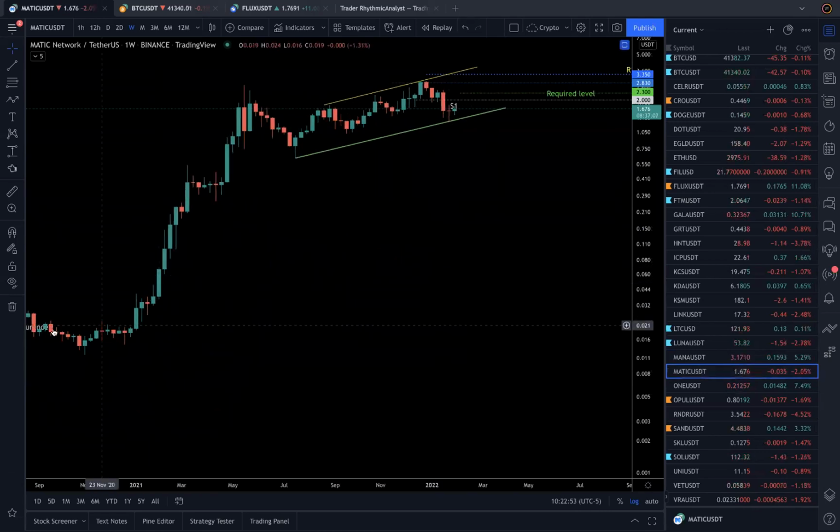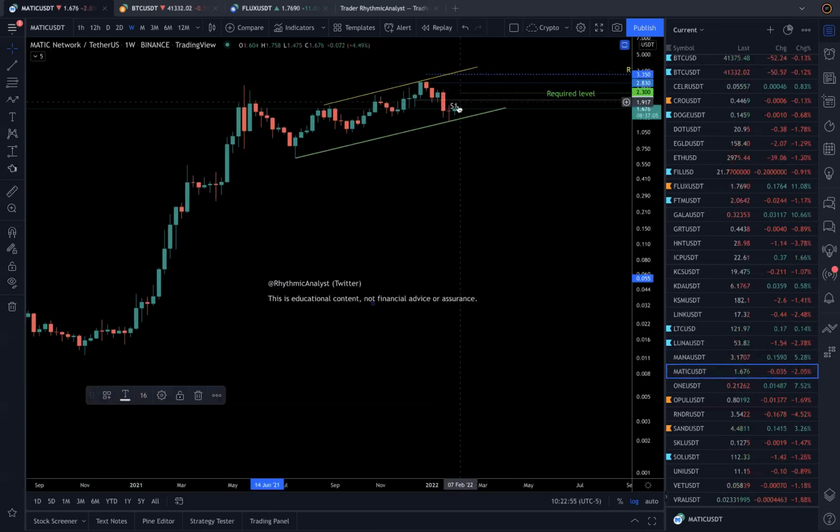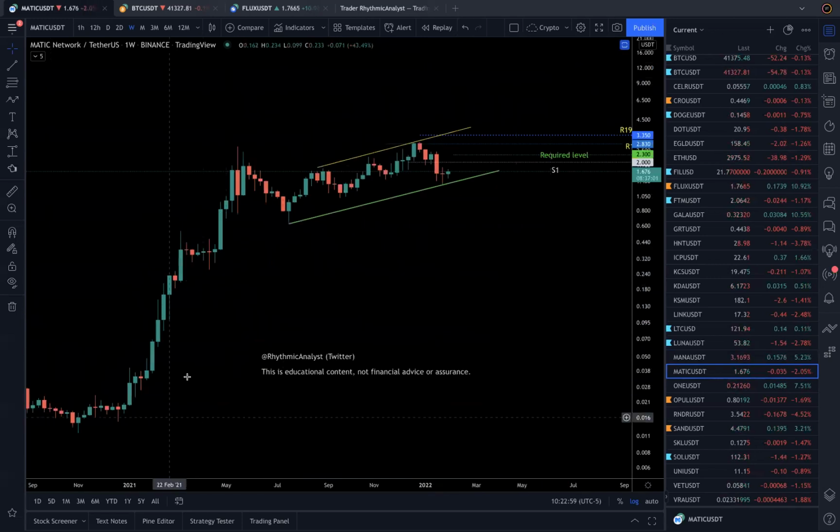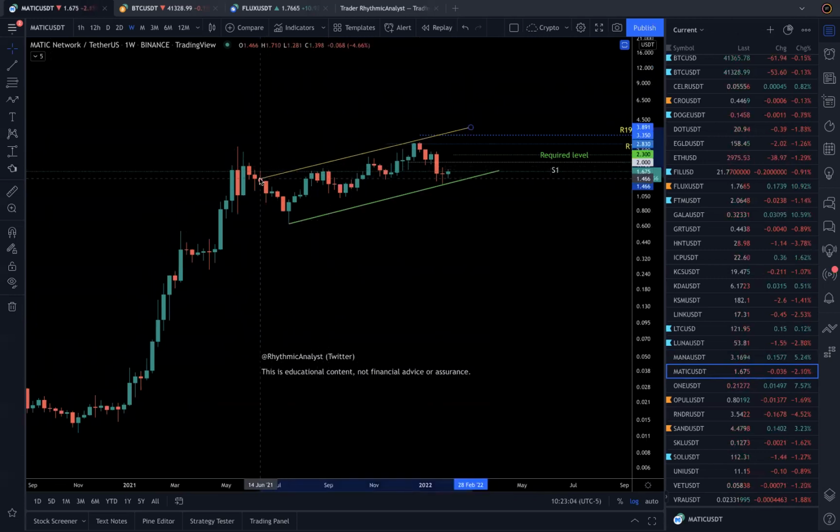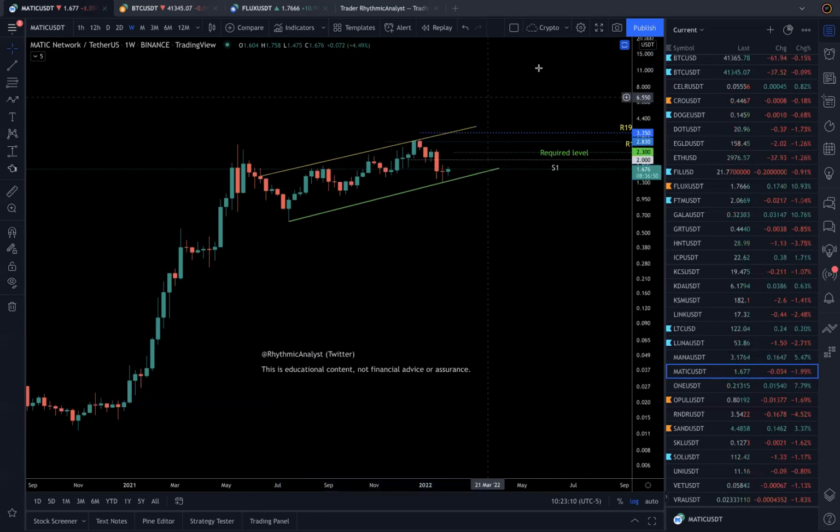Matic is also one of the stars. Look at this coin, man. Wow, awesome. Some of the coins you don't have to talk about, they're just good. So it's here.